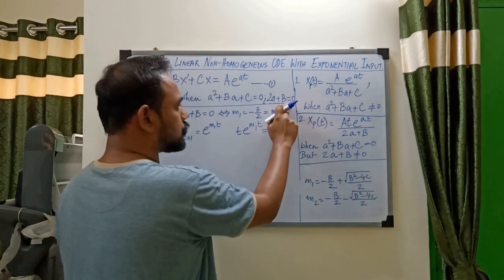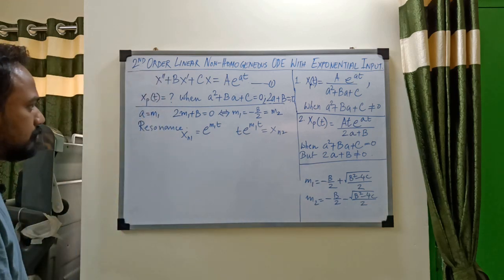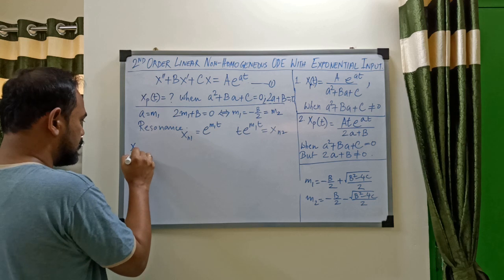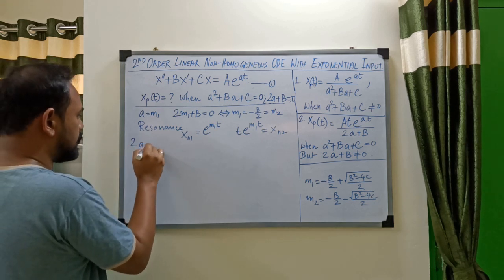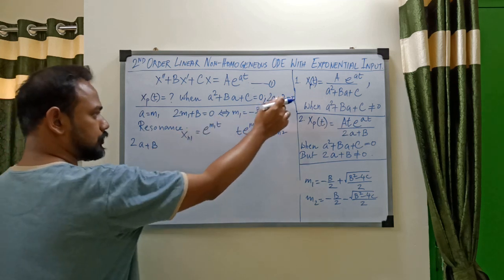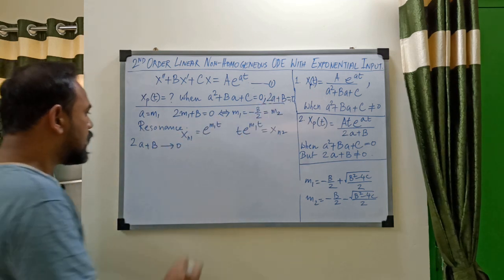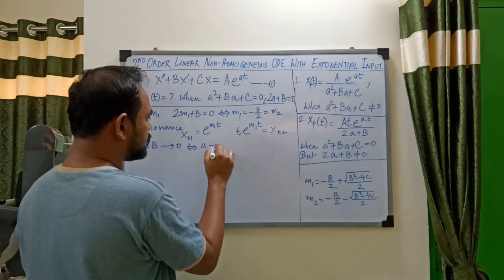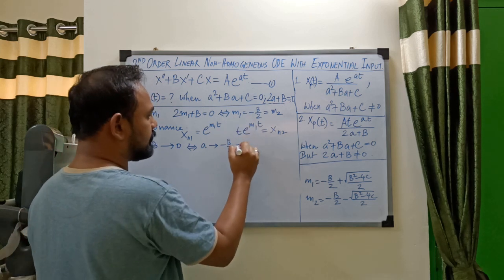So let's assume that this is not equal to 0, but very close to 0. The same trick we have applied before. So let's assume that 2a plus b is not equal to 0, but very close to 0 or approaching 0, in which case a is approaching minus b by 2, which really is m1.